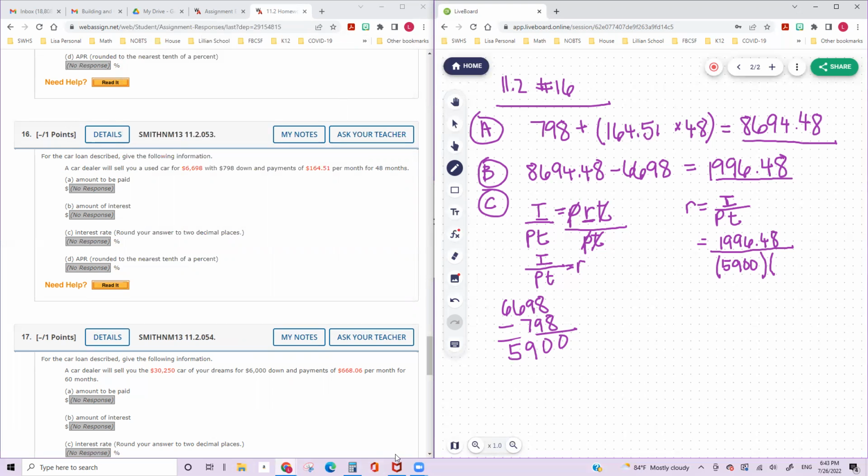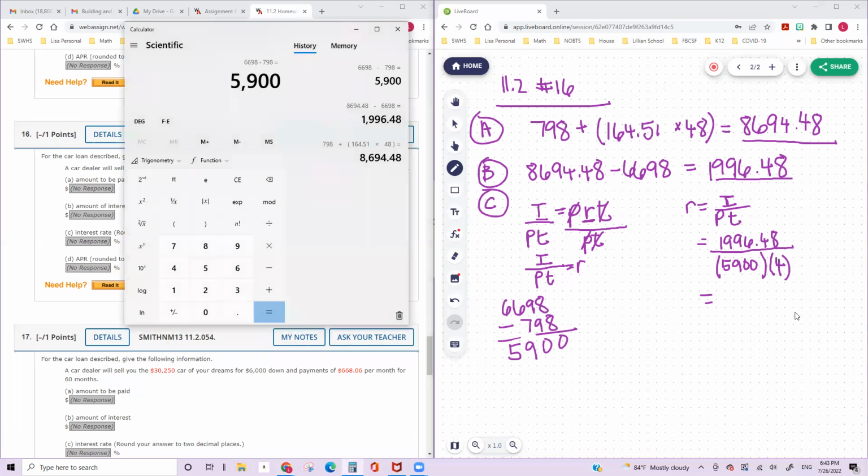So 48 months is 4 years. So that would be 5,900 times 4.